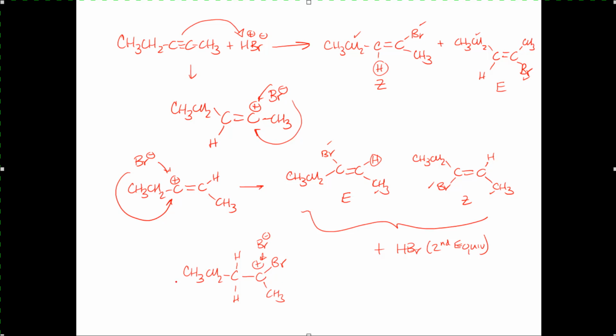So for the top pair of products, I'm going to just end up with one CH3, CH2, CH2, and then a geminal dibromide. So that would be the product of the first reaction.